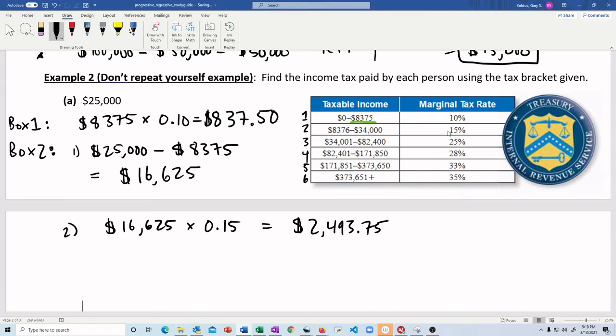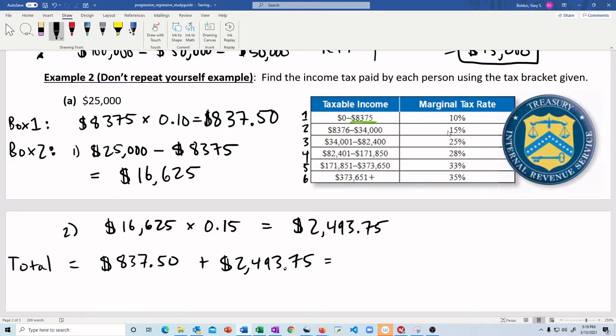But remember, we said that we didn't fill that bracket up, right? So then we're done. We're all out of money to be taxed. So our total tax is, well, $837.50. That was our first chunk we got taxed, plus the second chunk we got taxed.